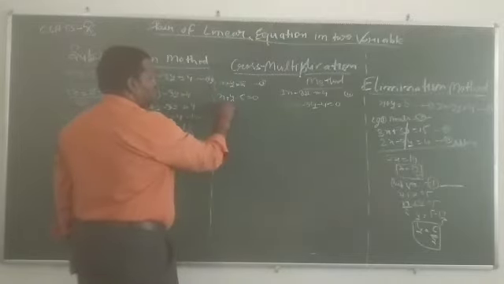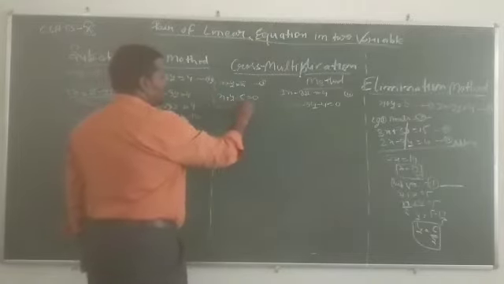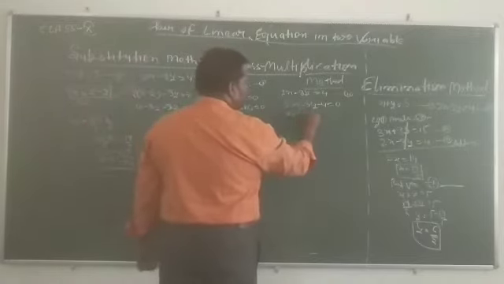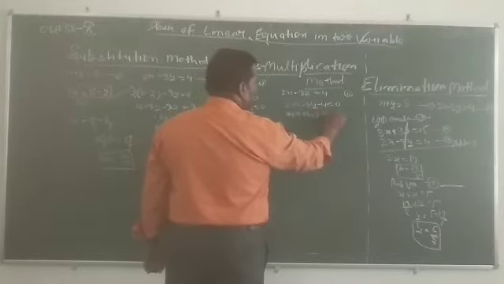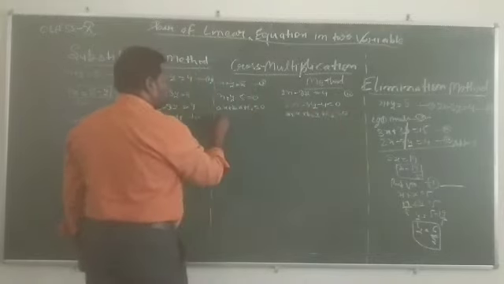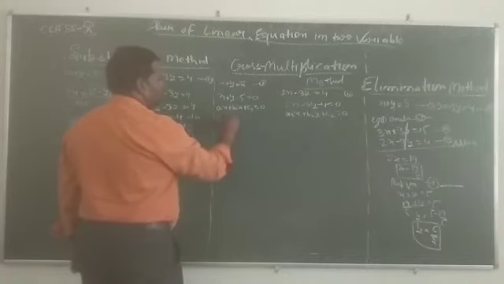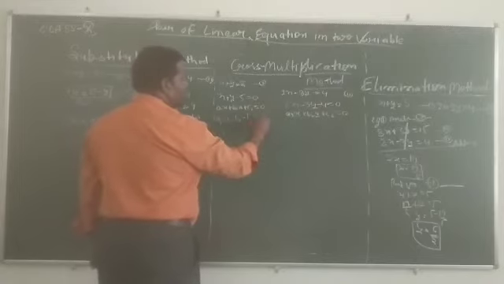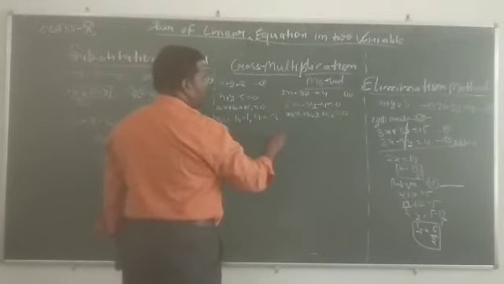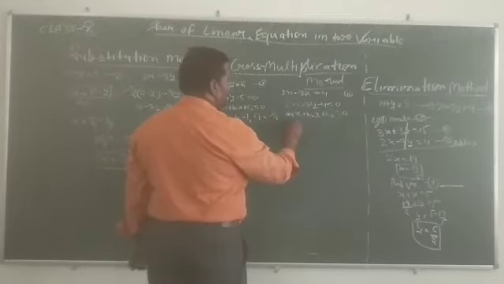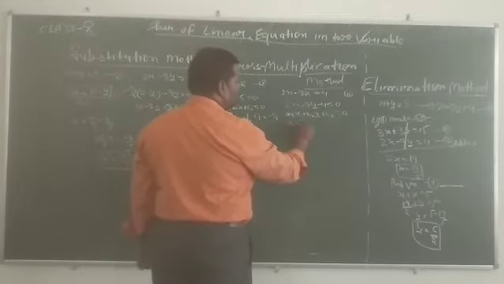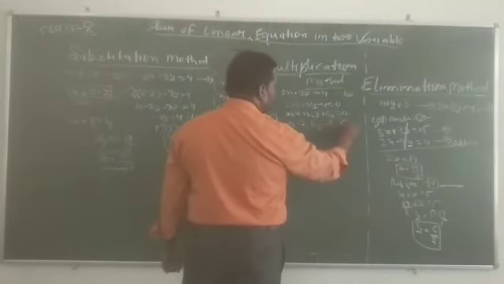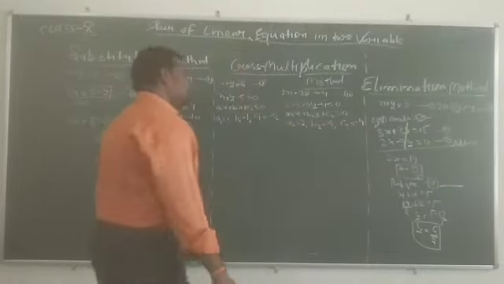Now we compare with the basic equations: a1x plus b1y plus c1 equals to 0 and a2x plus b2y plus c2 equals to 0. You see that the value of a1 is 1, b1 is 1 and c1 is minus 5, and the value of a2 is 2, b2 is minus 3 and c2 is minus 4.